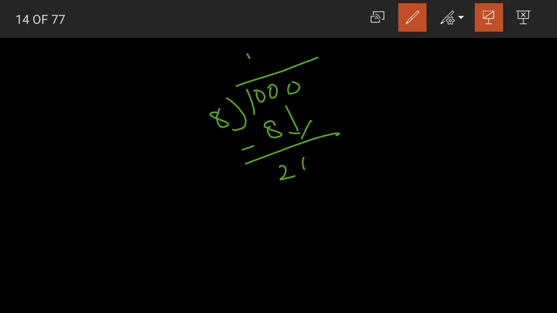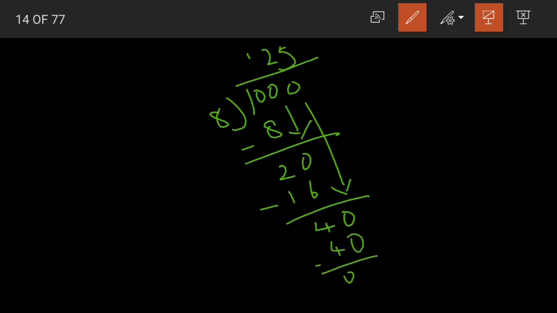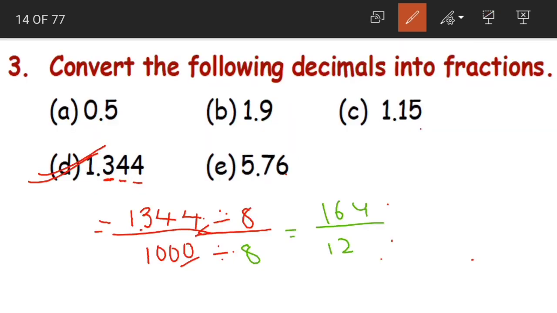Next, again when we divide 1000 by 8, we have 8 ones are 8. When we subtract, 2 is remaining, 0 brought down. 8 2s are 16. When we subtract, 4 is remaining, 0 brought down. 8 5s are 40. When we subtract, 0 is our remainder. So 125 is the quotient here.